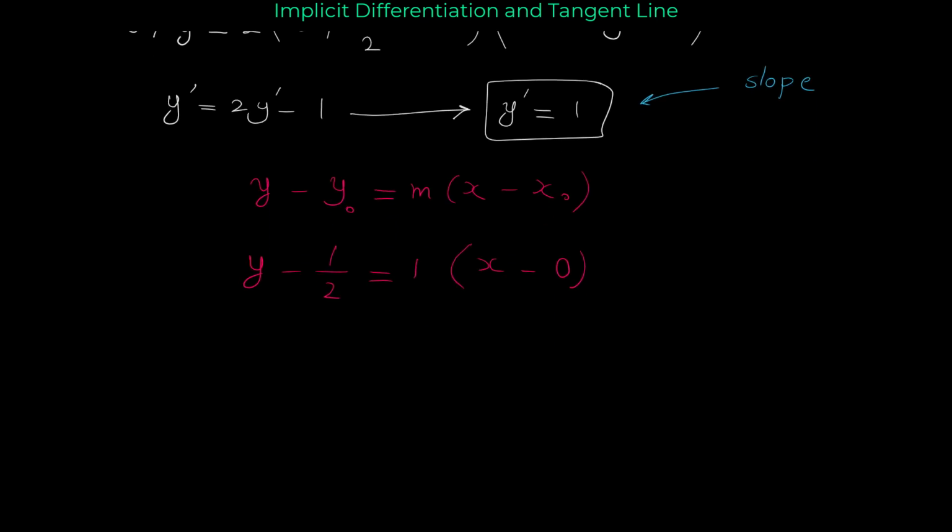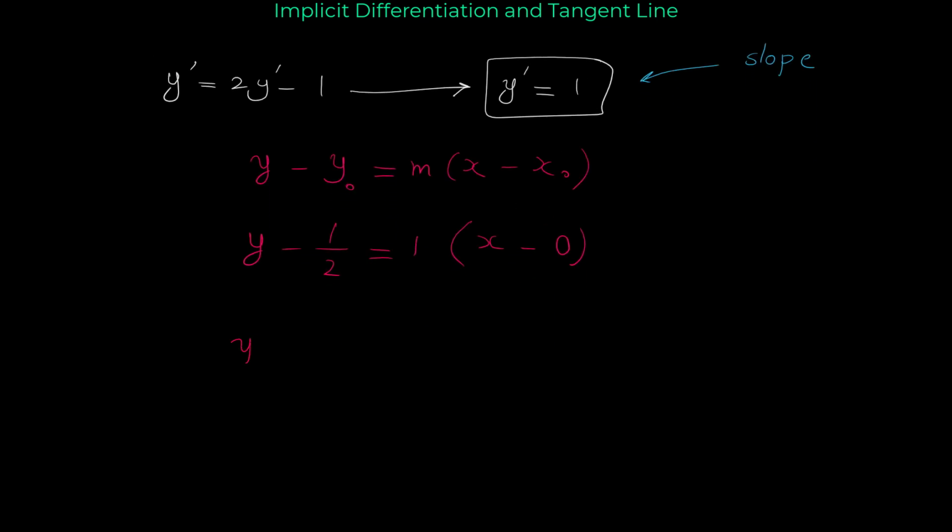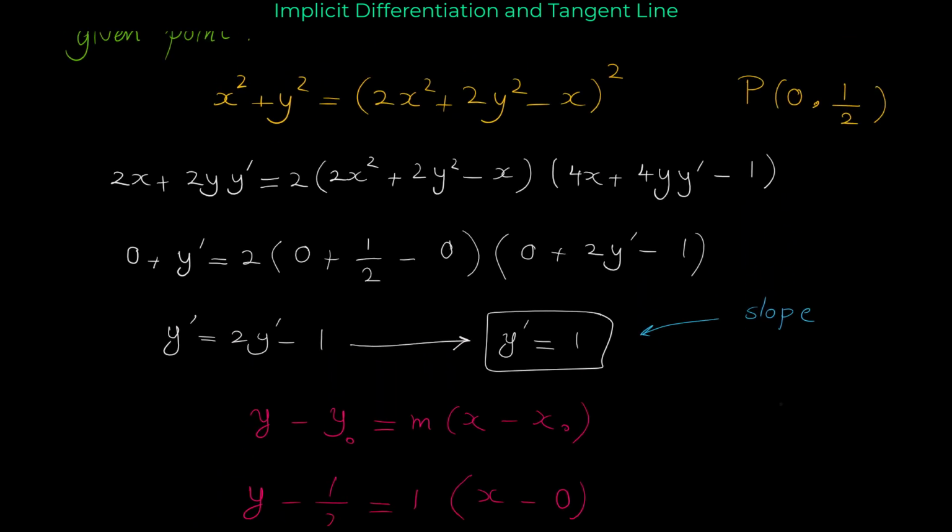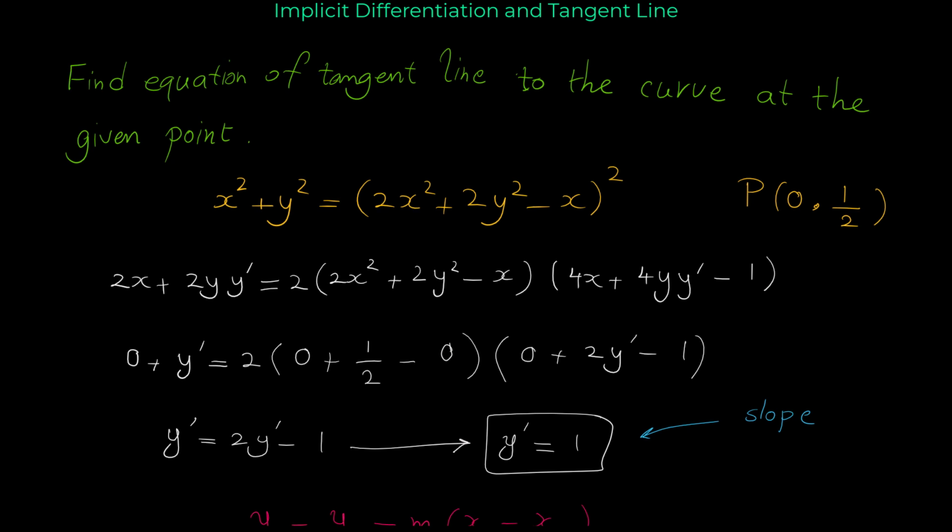And from this, y equals x plus 1/2, adding 1/2 to both sides. So this line is the tangent line to this implicit relation between x and y at the given point.